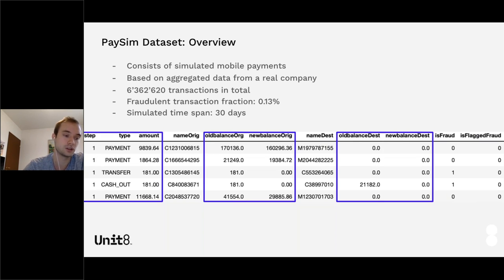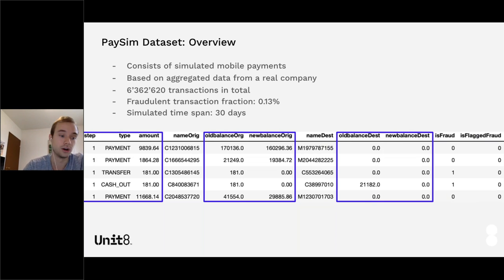The type field is a categorical variable that assigns 1 of 5 types to every transaction. Amount is the amount transferred, pretty straightforward. Old balance original and new balance original are the old and new balances of the account initiating the transactions. The old balance destination and new balance destination are the same thing for the destination account.